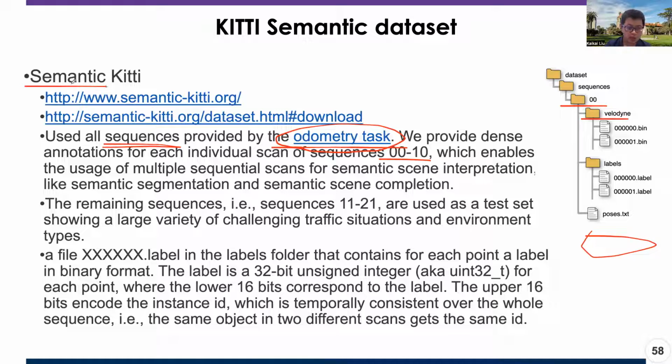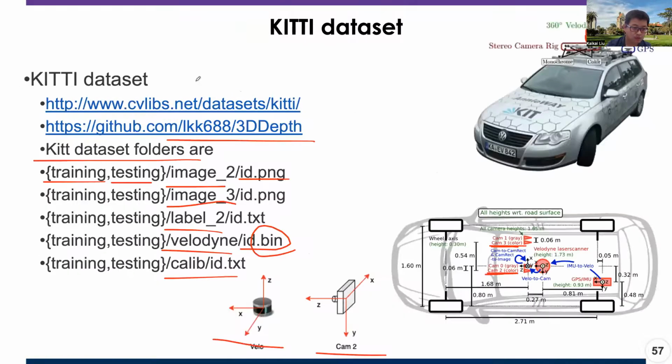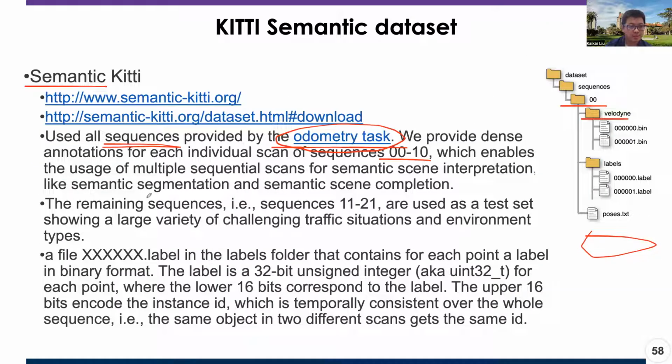So this additional annotation is not available in the original KITTI folder. The original KITTI folder only has the label, and the label only has the 2D bounding box and 3D bounding box. It doesn't have the segmentation. But Semantic KITTI has the segmentation information. So they have sequences 0 to 10, a total of 11 sequences with the segmentation annotation.